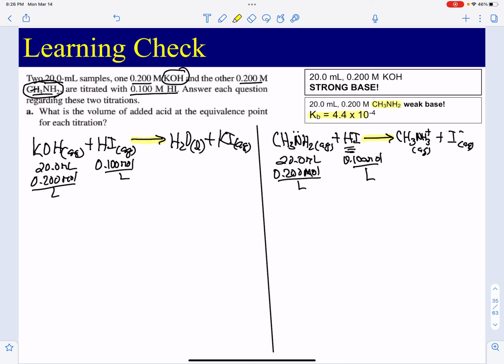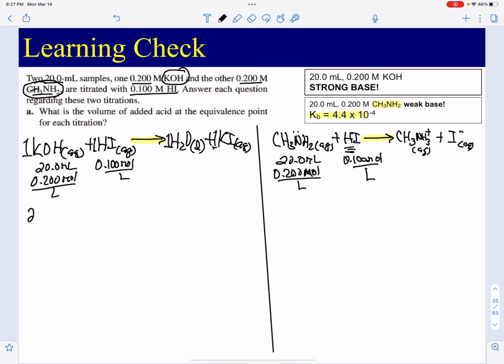As you can see, this neutralization is all 1 to 1 to 1, right? So that means at the equivalence point, the amount of moles of the acid has to be equal to the amount of moles of the base, because it's 1 to 1, right? So do we know the moles of the base that we have? Yes, we do.